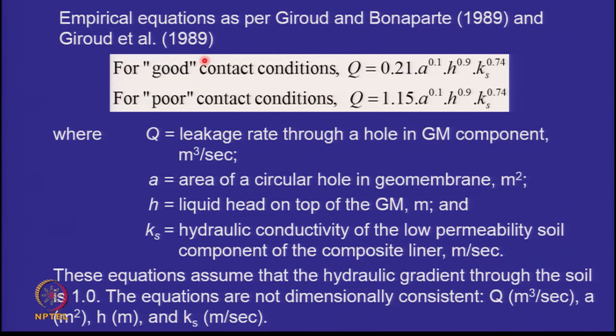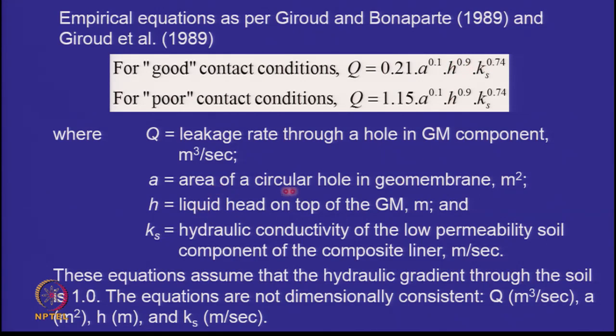These equations are empirical, not dimensionally consistent, so you have to use the values which are given here. Same problem as before. If I have good contact, it becomes 0.21 a to the power of 0.1, h to the power of 0.9, ks to the power of 0.74.